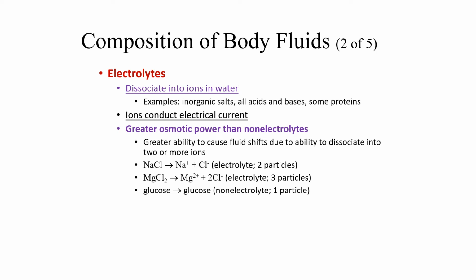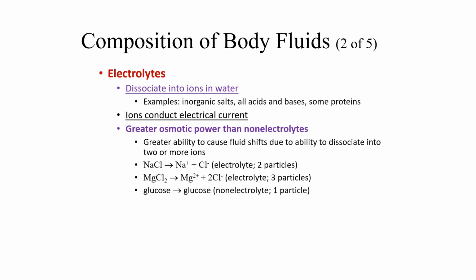Because ions dissociate in water, they have a greater osmotic power. And this is because something that doesn't dissociate is just one particle, okay? Whereas something like salt, sodium chloride, will dissociate into two particles.